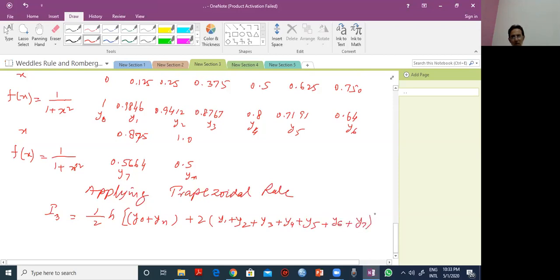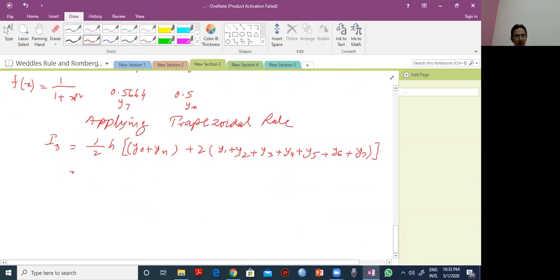All the values we added and multiply by 2, and find the result. Student, we put here h is 0.125 divided by 2, y0 is 1 plus 0.5, the first and the last value, plus 2 times of 0.1.